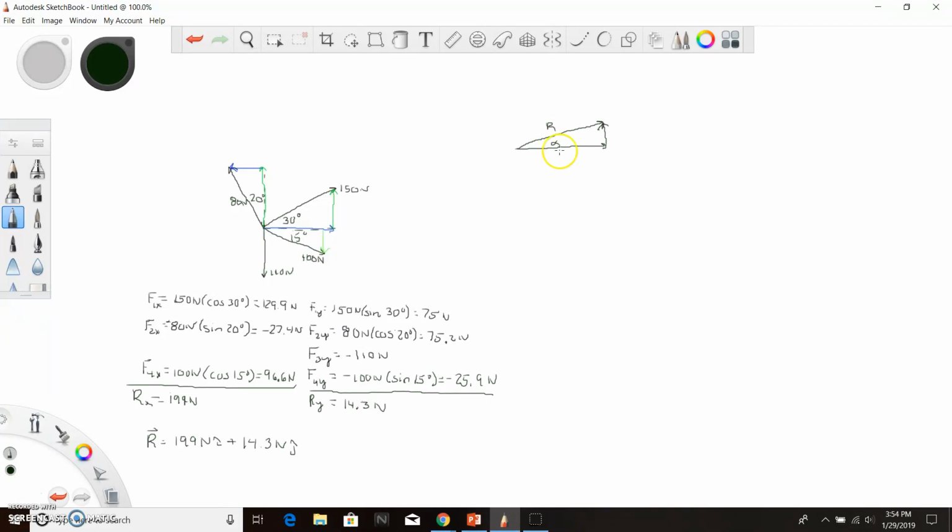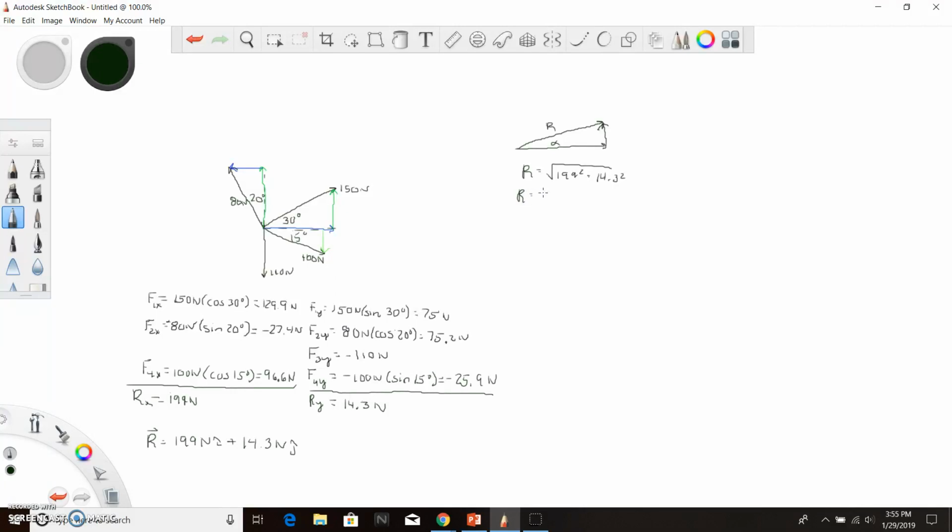If I want to know the magnitude and the direction of the resultant vector, all I'm going to use is the Pythagorean theorem and tangent theta. So if I want to find the magnitude of r, I am just going to use the Pythagorean theorem and do 199 squared plus 14.3 squared.